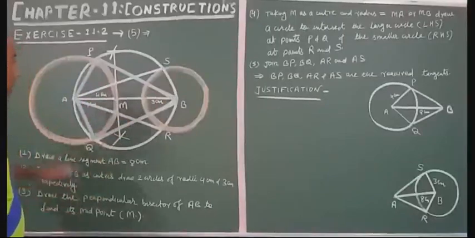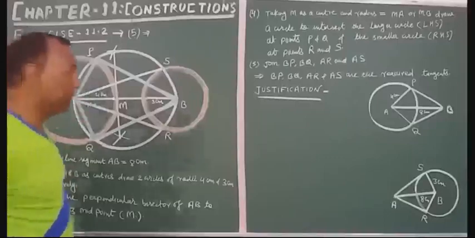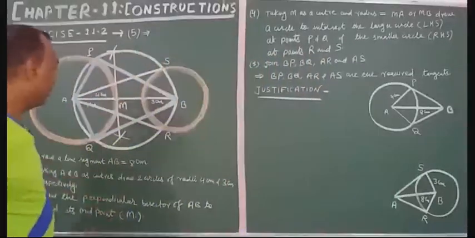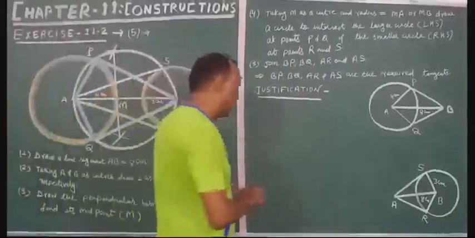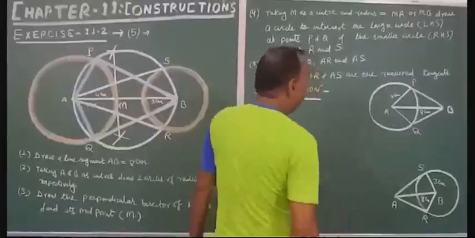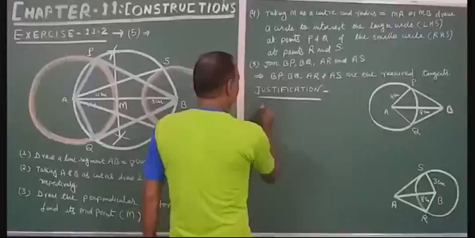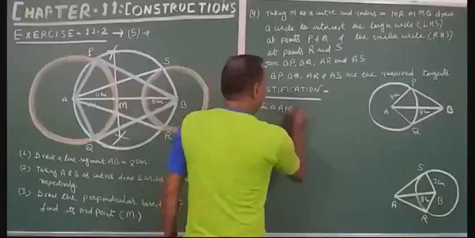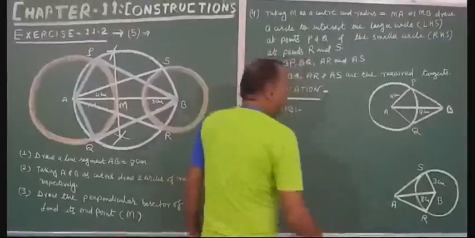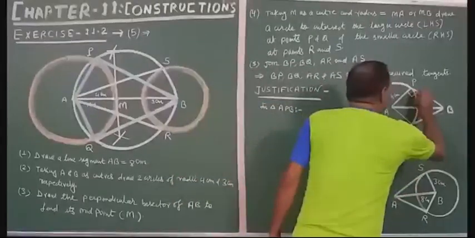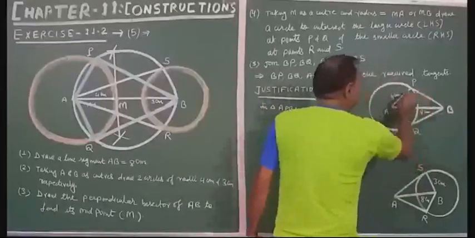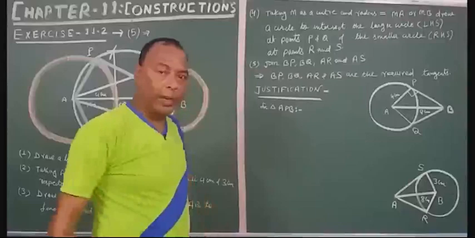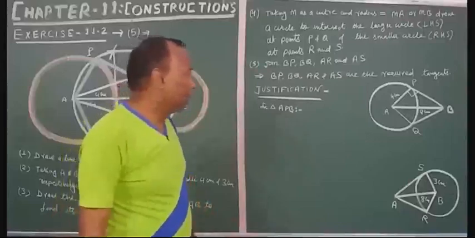What is the length of AP? This is the radius, 4 centimeter. And what is the length of AB? That is 8 centimeter. So look at triangle APB. This angle will be 90 degree because this is the radius and this is the tangent, and radius is perpendicular to the tangent at the point of contact. So you have to find BP.